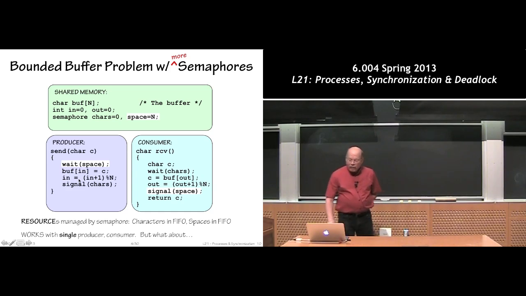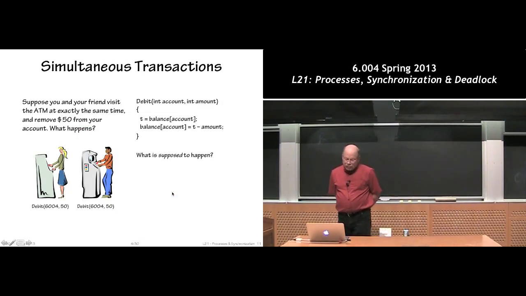Okay, but after I consume a space, I'm going to produce a character. And so after I've run this bunch of code here, that relationship is reestablished. And over here, I'm going to consume characters and produce spaces. So now we have both relationships. Okay, so it works with a single producer and consumer.